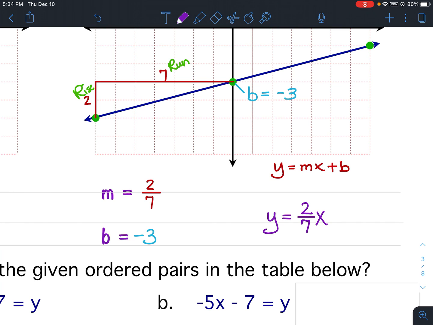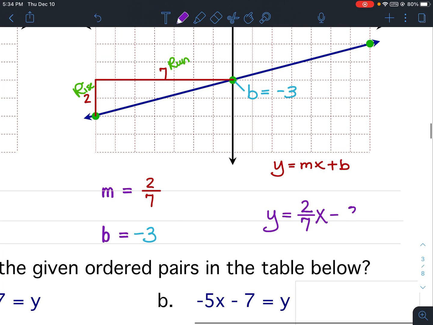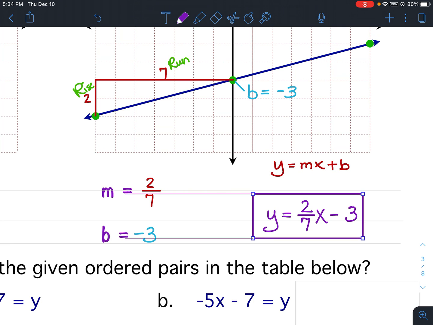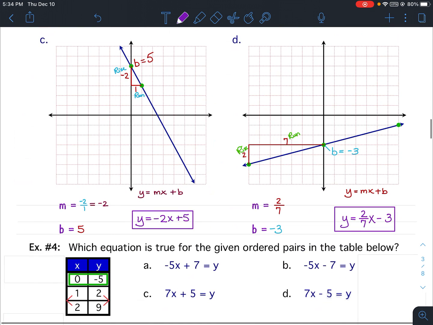So y equals 2/7 x. And then, because it's a -3, I would write -3 at the end. Y equals 2/7 x minus 3. And that would be it for D. Take a moment, pause your video, and get everything written down for D.